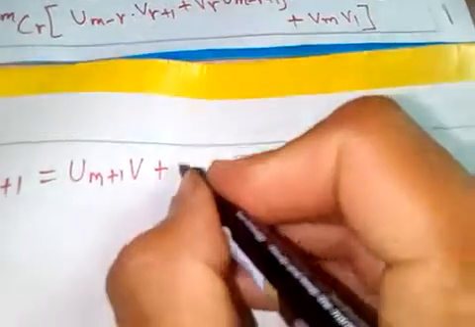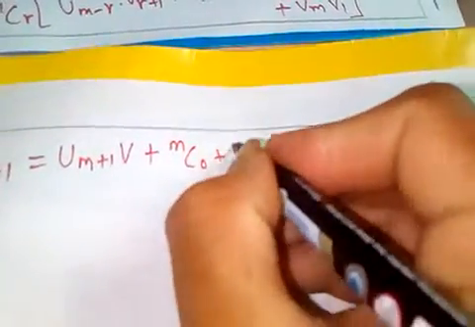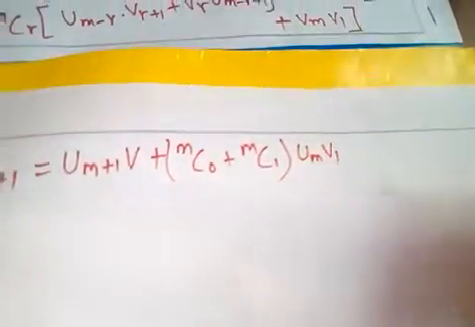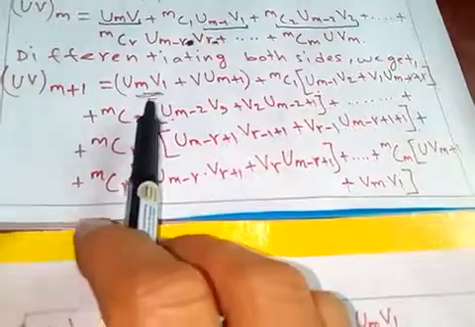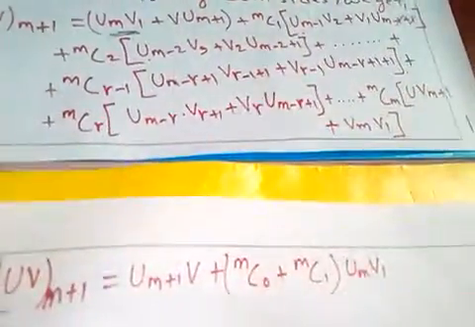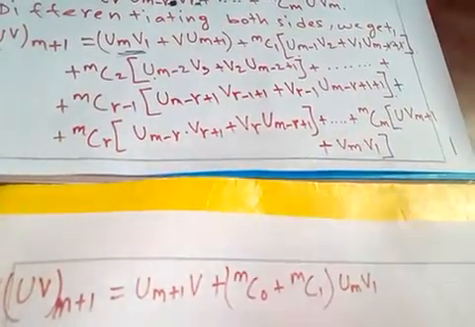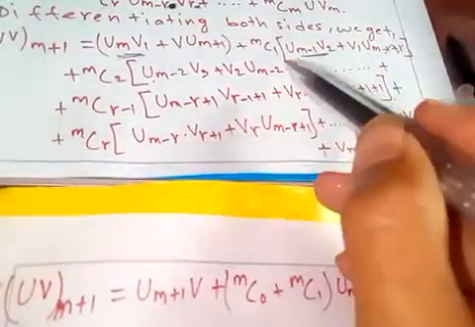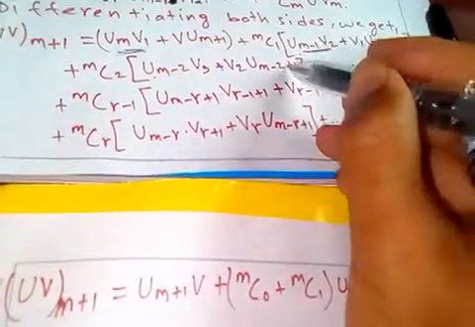And here what we get is that m combination 0 plus m combination 1 times u m v1. Because here, if it is not here combination, okay, it will be m combination 0. So I'm taking out the common. Again, you will see this one, and in here, this one can be what?